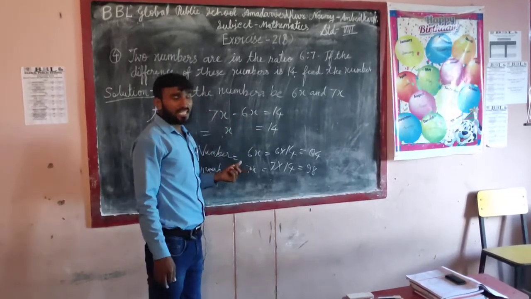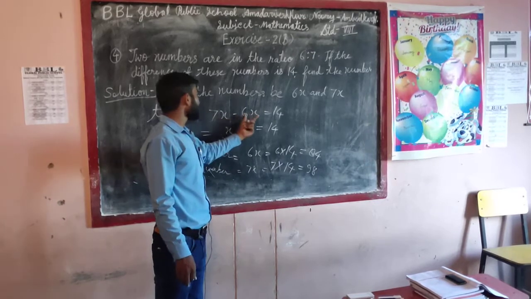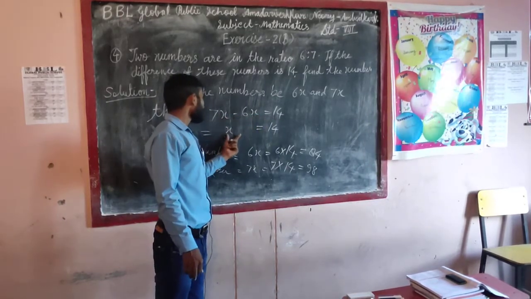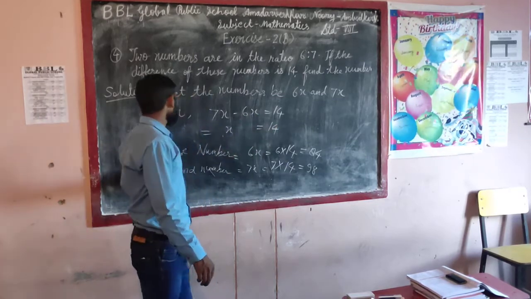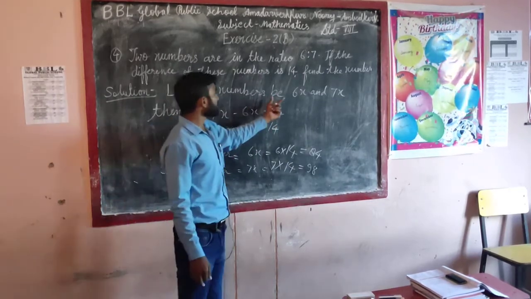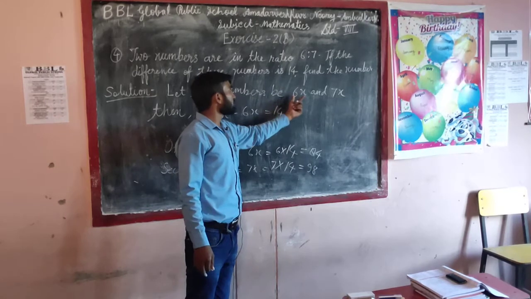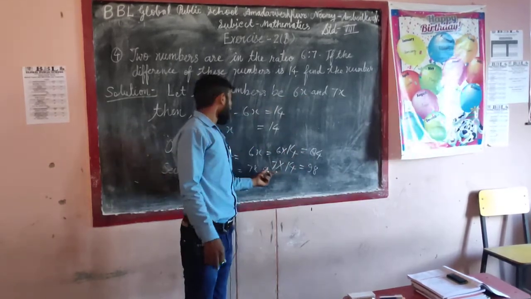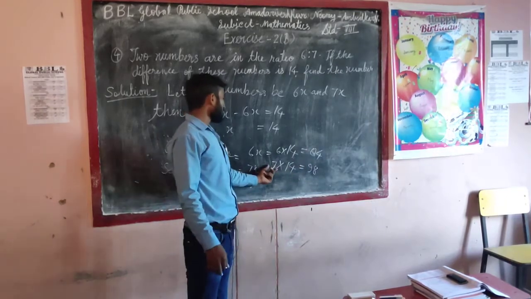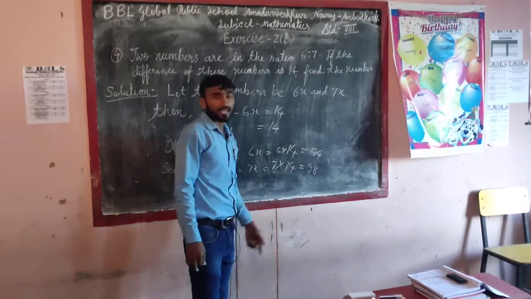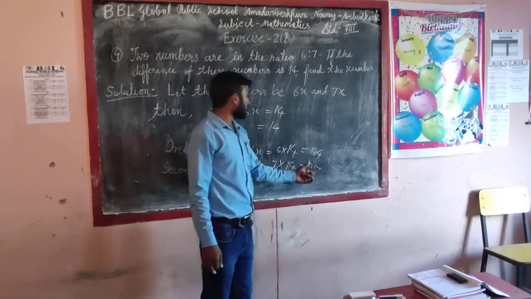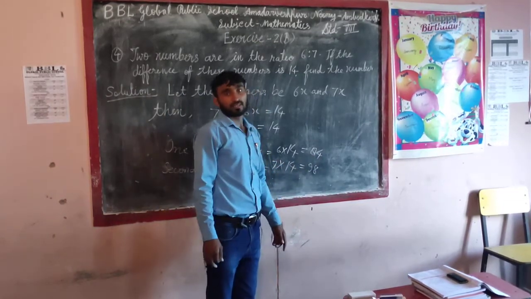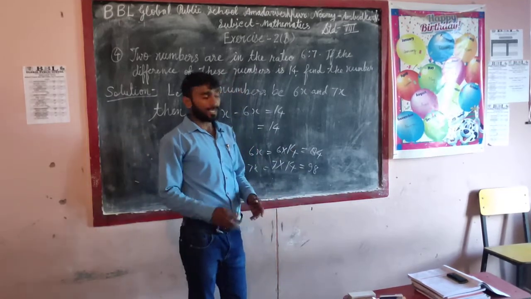Then solve this linear equation. 7x minus 6x is equal to x, so x is equal to 14. Then the first number will be 6x, 6 into 14, which is 84. And the second number will be 7x, 7 into 14, which is 98. Therefore, the numbers are 84 and 98.